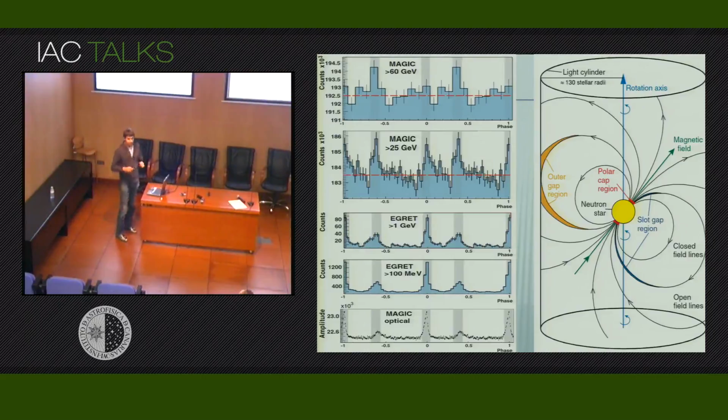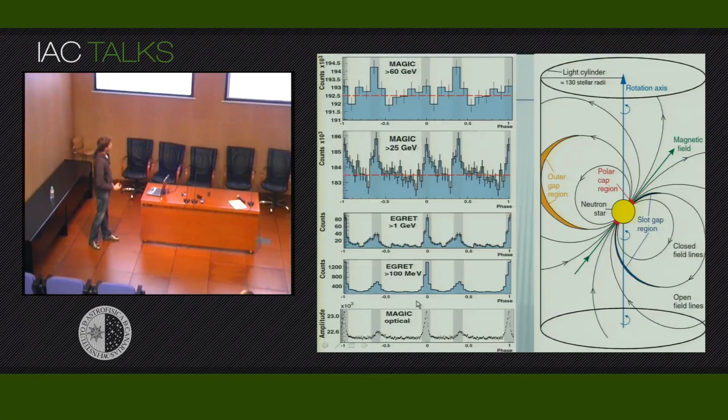At that point Fermi wasn't operating yet, so this is an old clock, but it looks the same with Fermi. Then you see in the MeV and GeV gamma rays nicely the positions like Fermi, and then continuing at higher energies nicely the MAGIC result, the same positions.